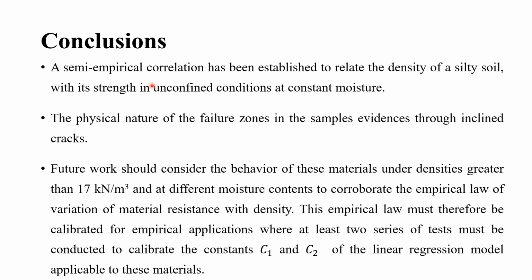So if we want, for example, to predict the mechanical behavior of the soil in any conditions of density, for example, when we are compacting the soil material for the base materials of a highway, we can predict the mechanical behavior of these materials if it is put at any soil density.